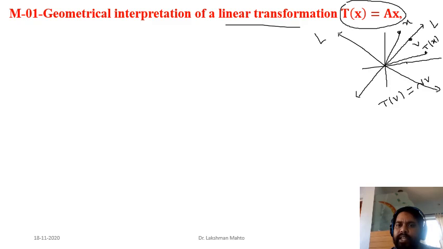This line is actually the orthogonal complement of the given line L. So if you take any vector, call it W, and you want the reflection of W with respect to this line, it would be this point. So we observe that if you take W from L perp, then TW is again coming in L perp. It is not leaving the direction. It is in the same line.